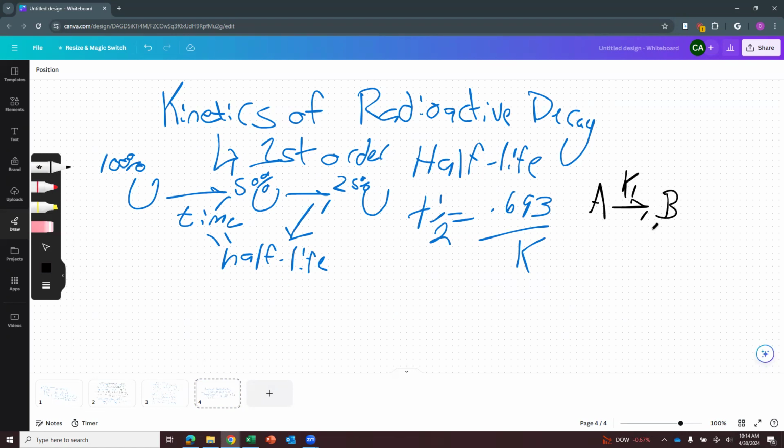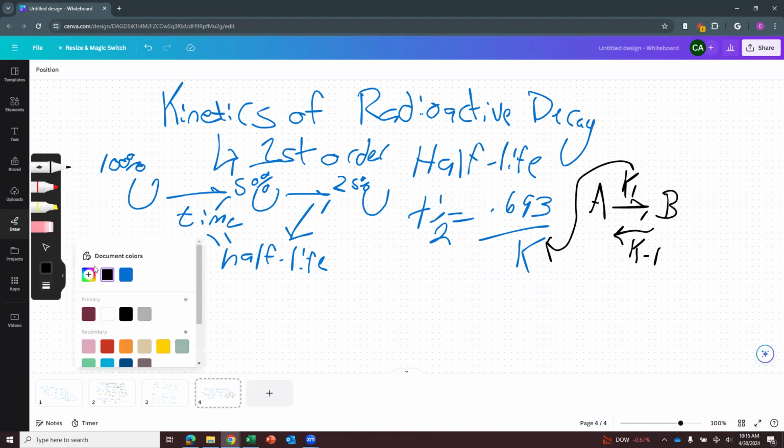It's a rate constant. If you remember during the kinetics chapter, we had problems where A goes to B with a rate constant of K1, B goes back to A with a rate constant of K-1. That's what this K is. It's a rate constant, so it's just a number, a constant for every different reaction.